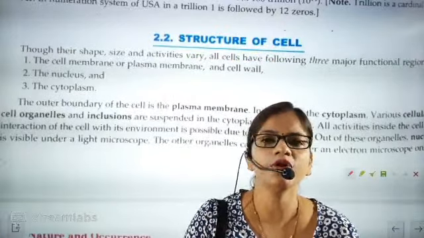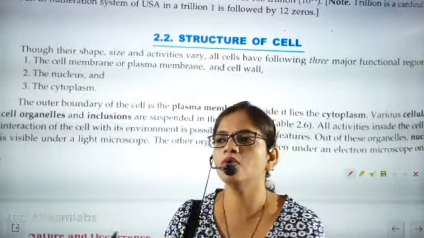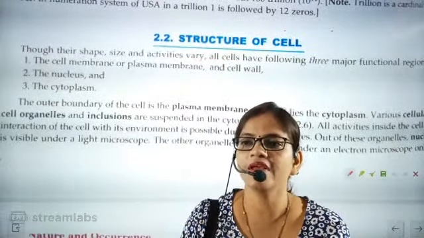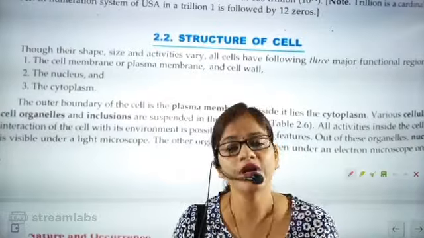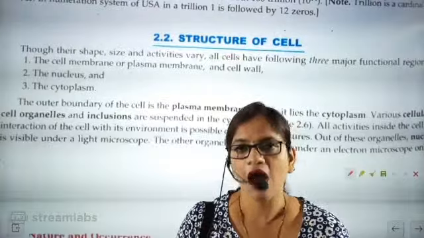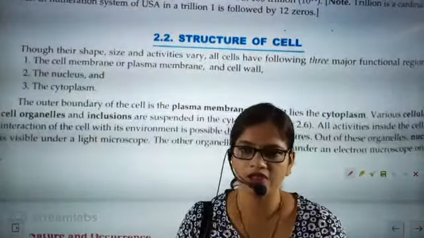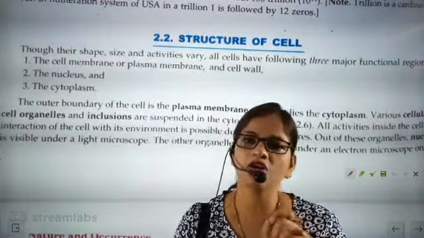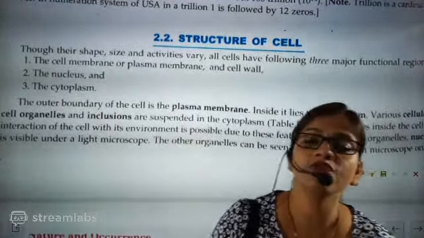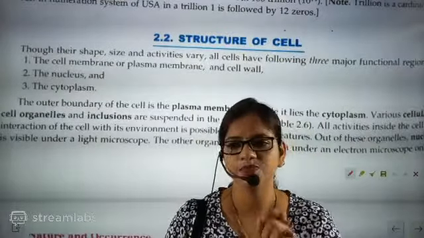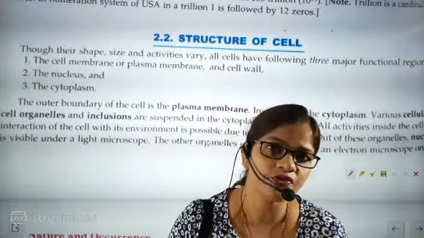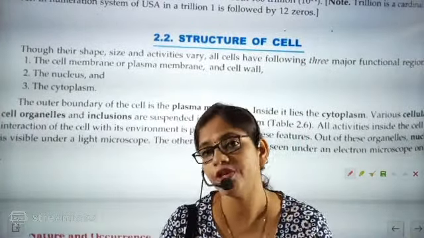Now what we are going to do is go inside and try to understand how a cell looks, what the different organelles of the cell are, whether they are living or dead, and how they do their function. What is the work of the plasma membrane, the cytoplasm, the Golgi apparatus, and whatever organelles are present inside the cell? We are going to understand their functions.